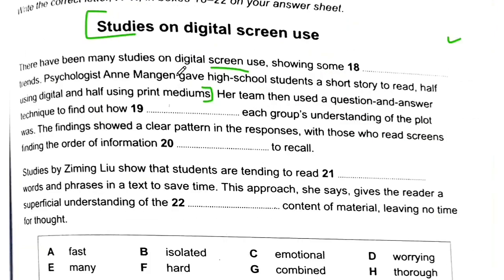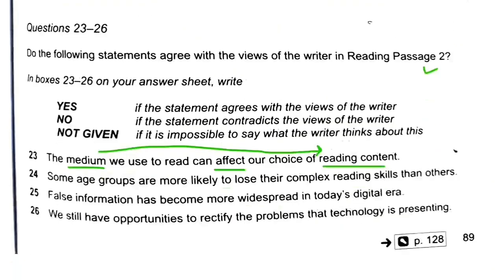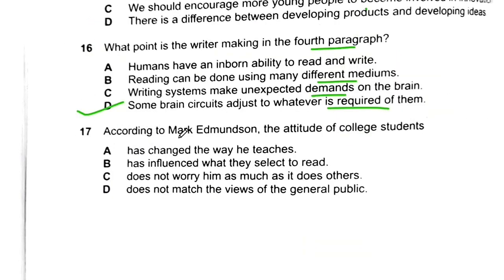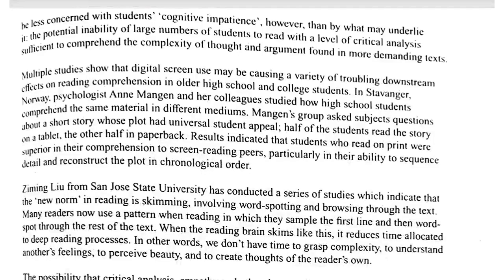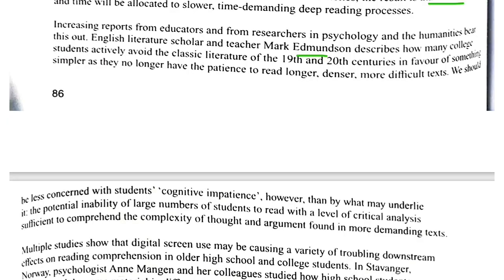Have they mentioned anything related to screen use? The professor psychologist mentioned. They have also not mentioned any reading content. So we'll move to the next paragraph. We'll see the next question. According to Mark Edmondson, the attitude of college students. Thinking about the attitude of college students, increasing reports from educators and from researchers in psychology and humanities bear this out.